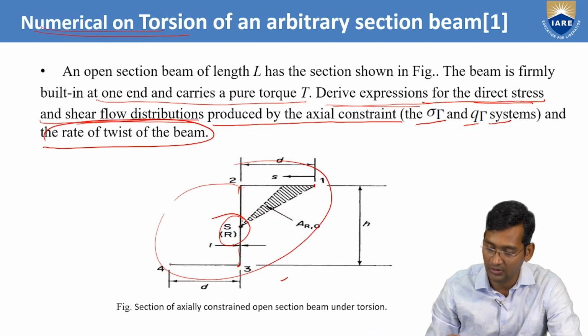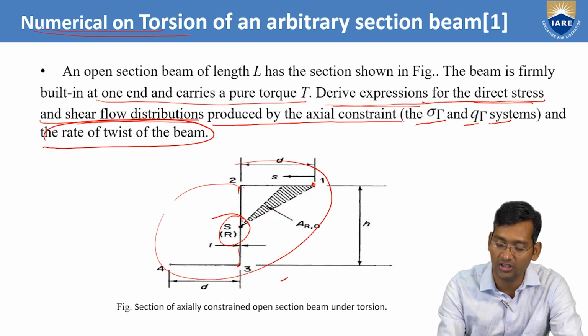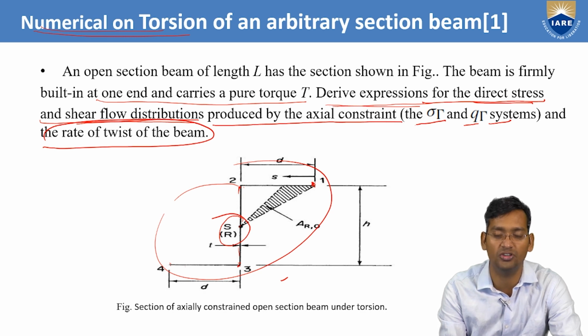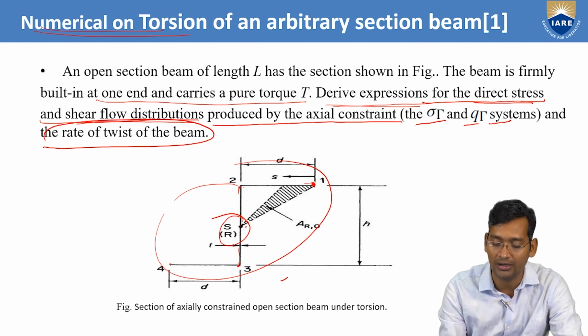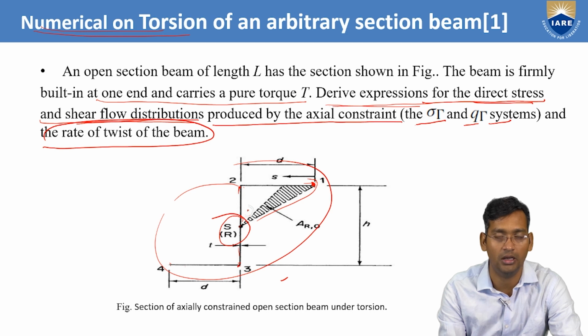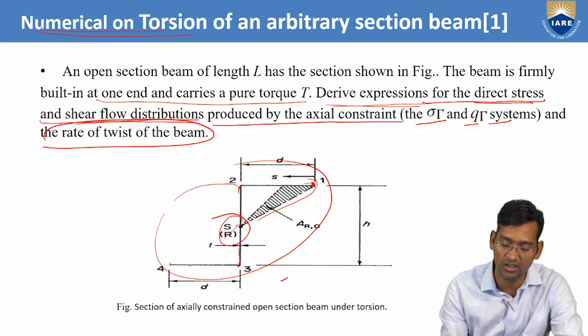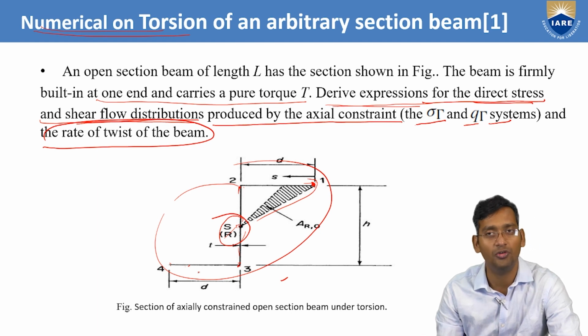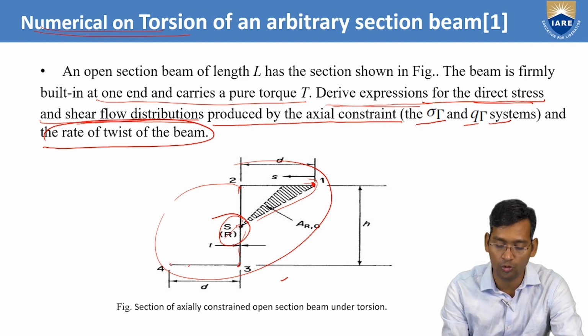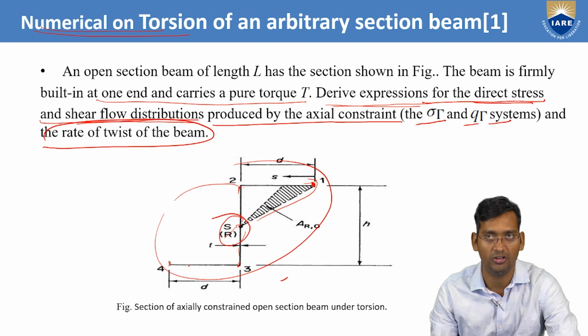So taking s from this origin, for 1 to 2, we found that AR naught value. As I mentioned earlier, this is not necessary. You can take 3 to 4, find AR naught for it, and then 4 will be the reference point or origin.